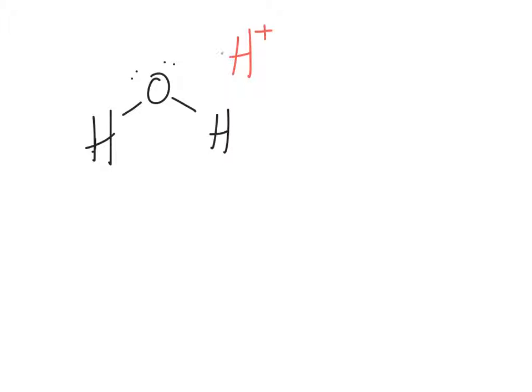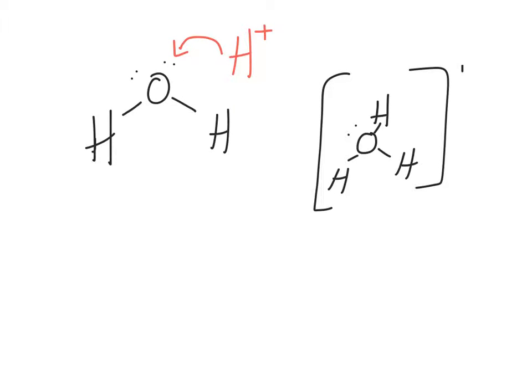It comes along, and oxygen can form a coordinate covalent bond, and what we end up with is the hydronium ion, which is very important in acids and bases. Again, we don't know which one of those bonds is the coordinate covalent one.